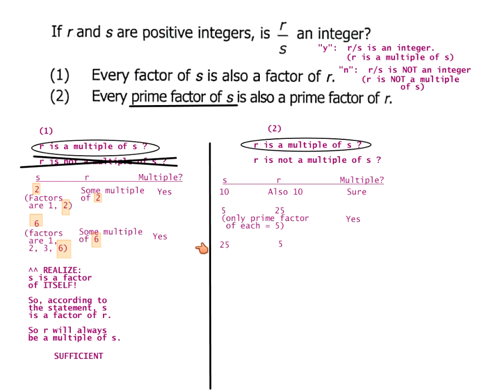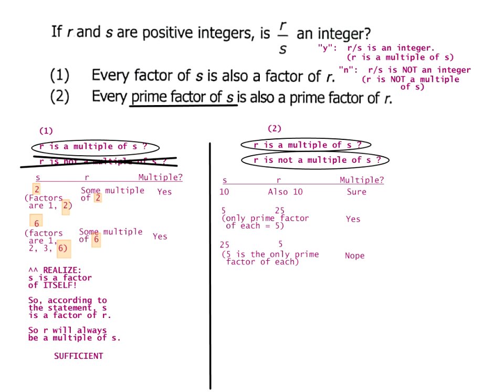Last time this wouldn't have worked in the other statement, because we would have had to consider 25 also as a factor of R, but not this time. So here, still 5 is the only prime factor of each, and 5 is not a multiple of 25. So we got it to happen.